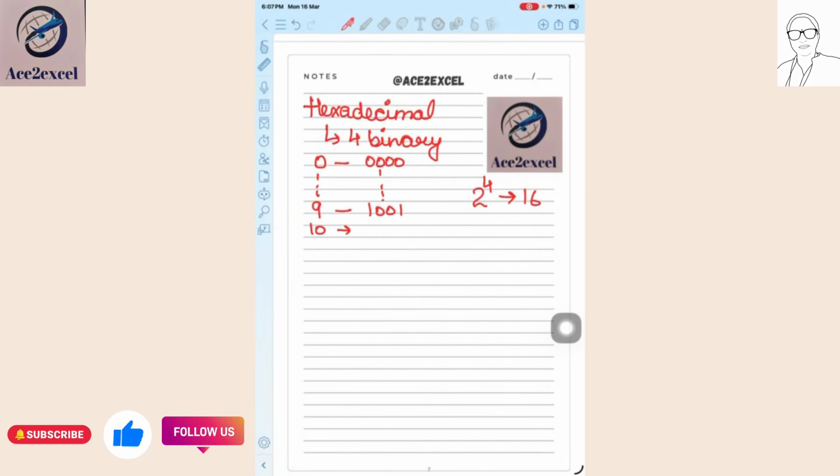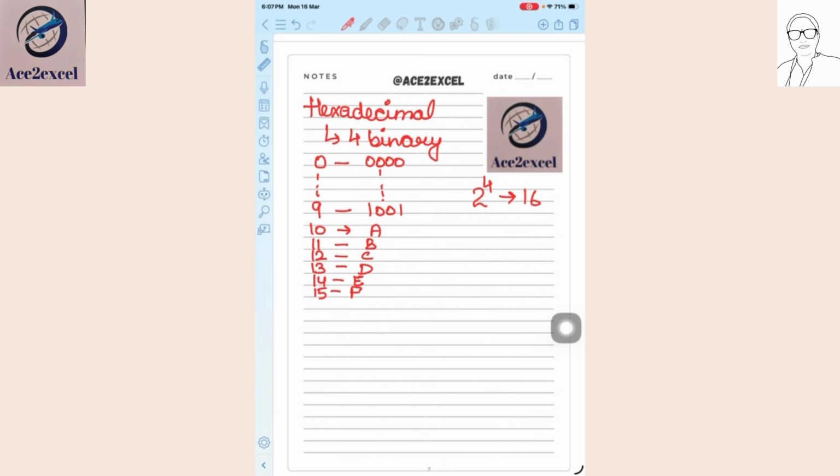Ten will be represented as A, 11, 12, 13, 14, 15 as B, C, D, E, F. So in totality, there are 0 to 15, 16 numbers. They'll be using 4 bits to represent the number. 4-bit representation of 0 will be 0000, 1 will be 0001, and so on.